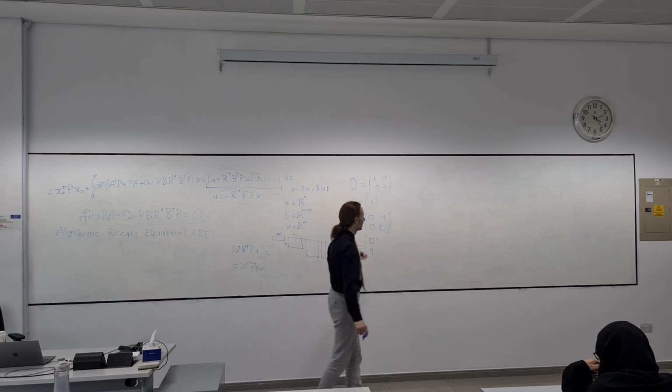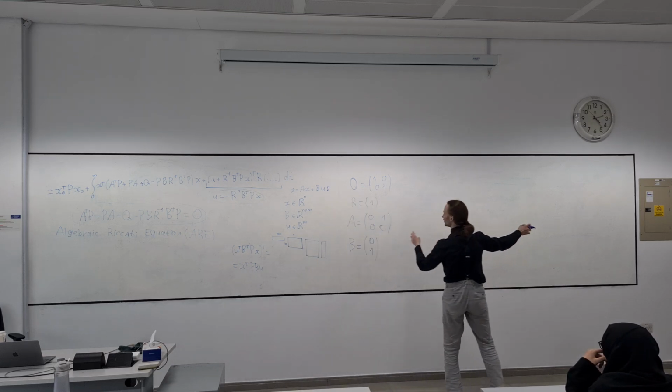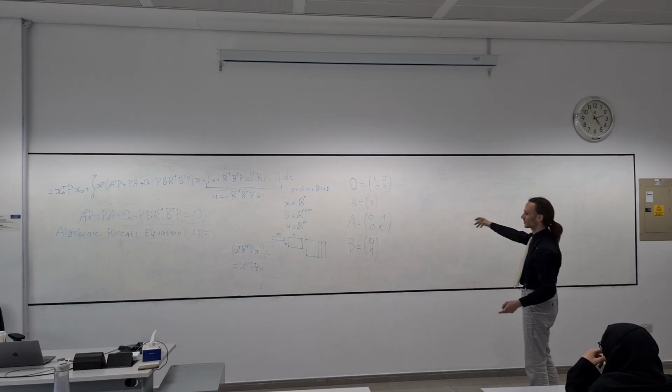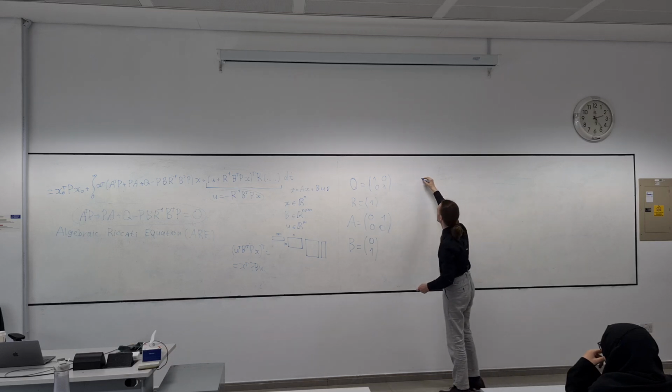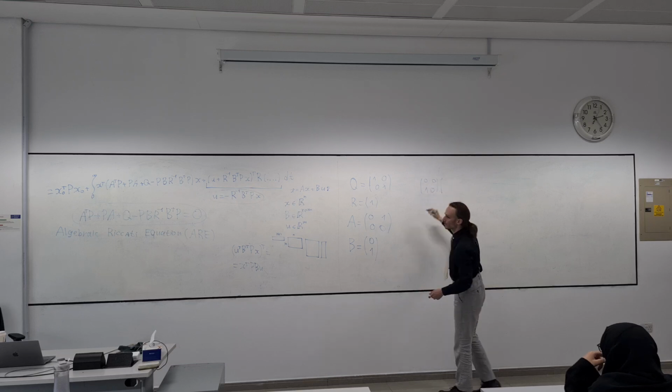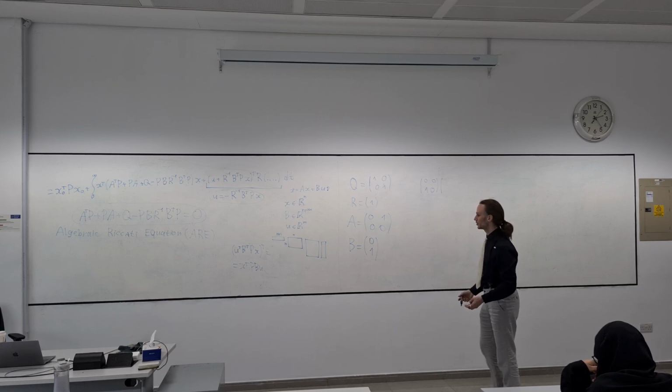Let's use this half of the whiteboard to write down this equation. A transpose is 0, 0, 1, 0. P. How do we define P?